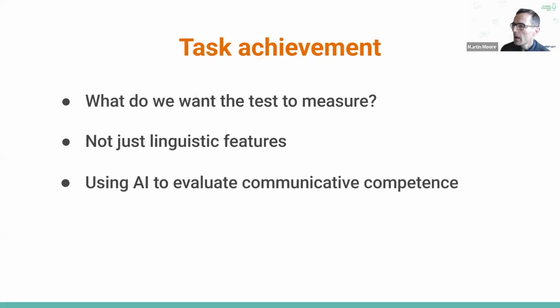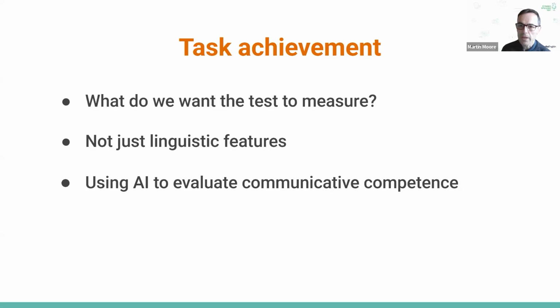And then task achievement, which is, again, one of the things that Laura looked at quite closely, is that it's not just about linguistic features. We also want to know whether the student can actually communicate in a range of different real life or realistic scenarios. So that's why I put it at the top there. What we want the test to measure.